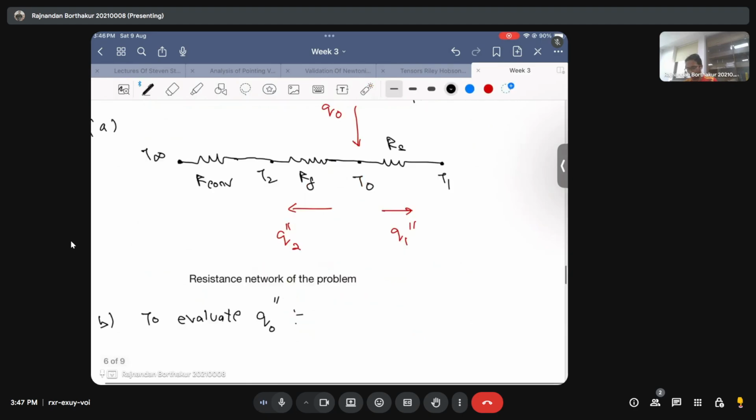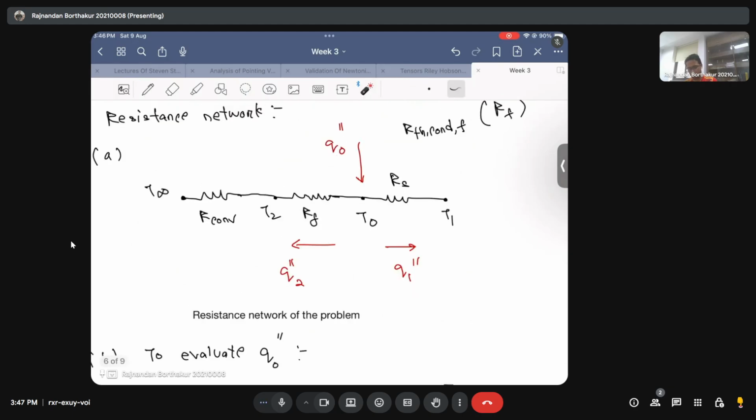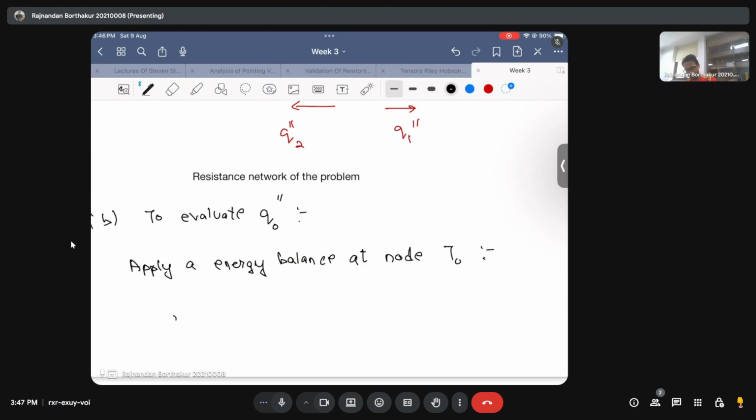That means if you apply an energy balance at the node T0, that means at the node which contains the temperature T0, you can simply write, by energy conservation, that your flux which is coming in, which is Q naught, is going to be your Q1 double prime plus Q2 double prime.